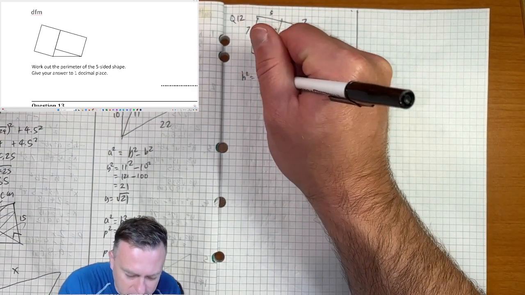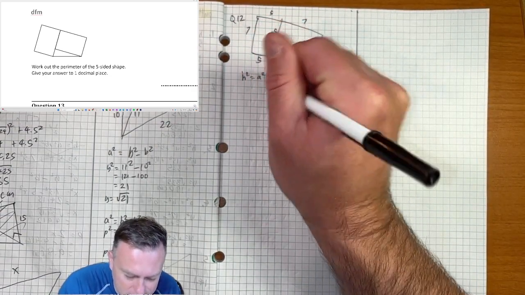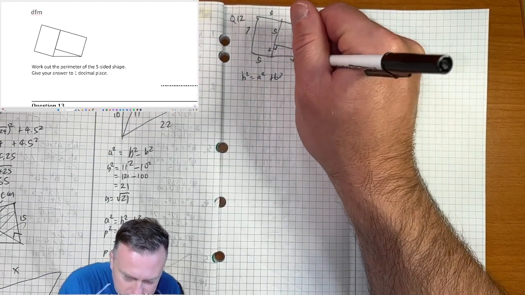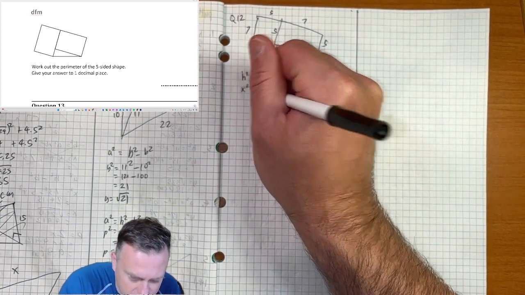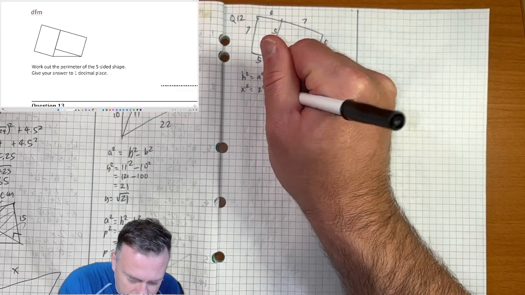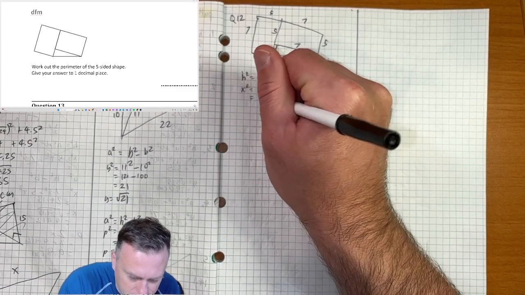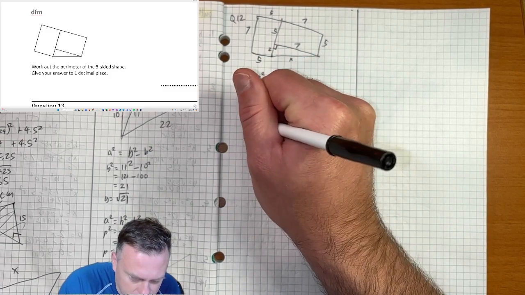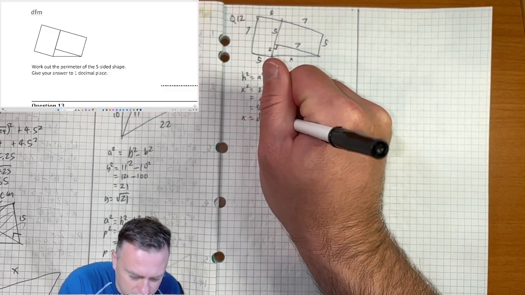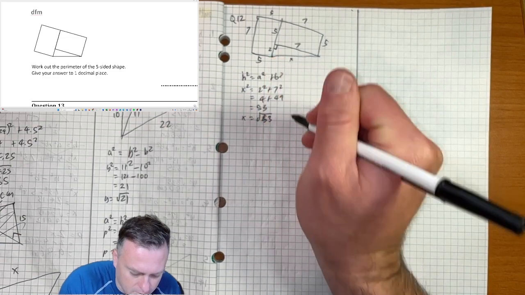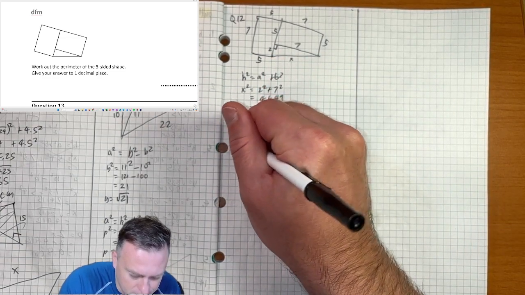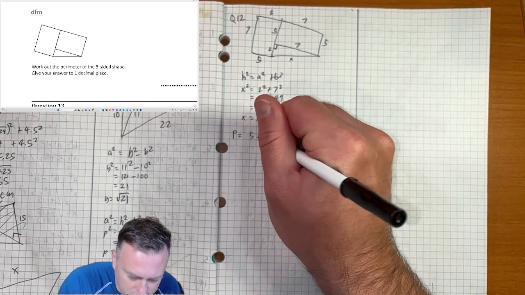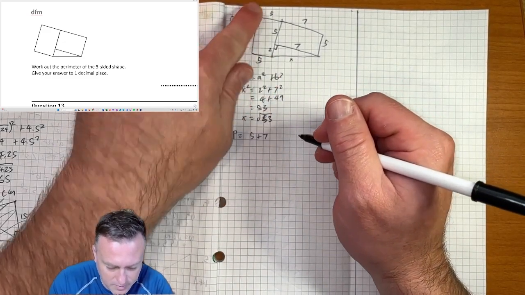So we go h squared equals a squared plus b squared. Fill in the blanks, I'm going to call that x, so x squared is equal to 2 squared plus 7 squared. Because 4 plus 49, which gives us 53. So x equals the square root of 53. And then the perimeter is equal to 5 plus 7. So I'm going to go all the way around back to the edge.